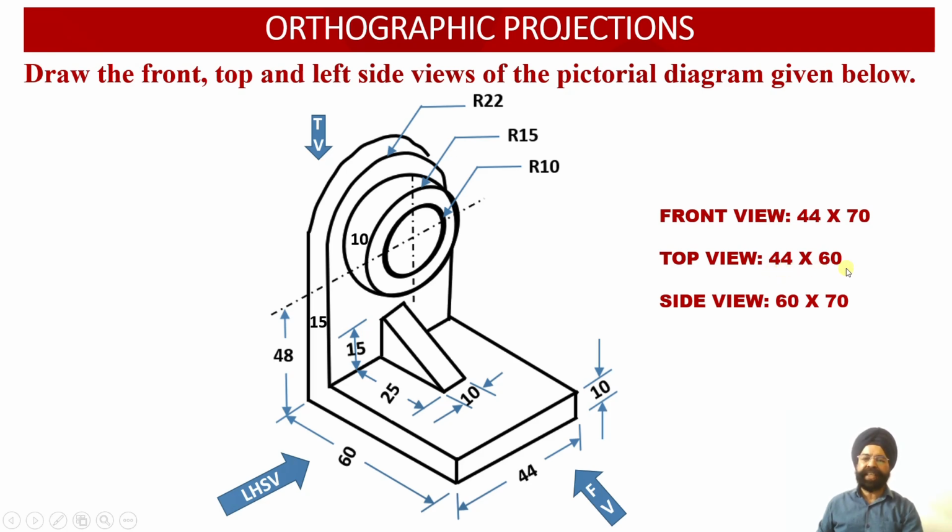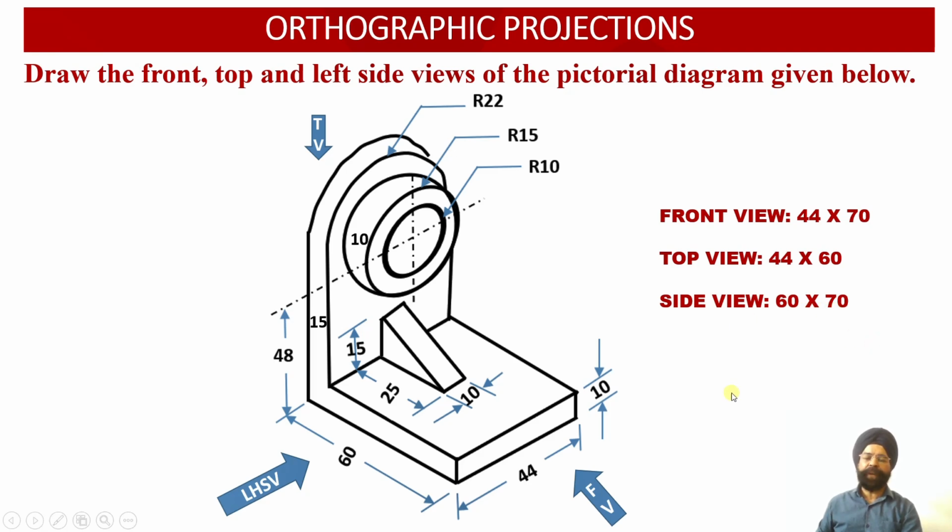And regarding the side view, we are going to require the depth of the solid, which happens to be 60 millimeter, and besides depth we also require the height. The height of the solid has already been evaluated in the front view, and this is equal to 70 millimeter. So the side view will have the dimensions 60 millimeter by 70 millimeter.